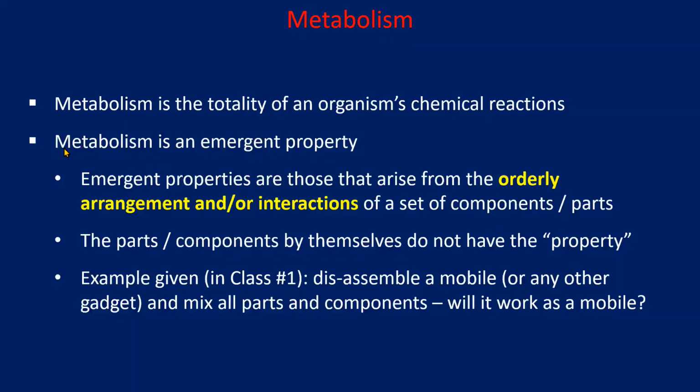So as such, what we can say is metabolism is an emergent property that arises from the orderly arrangement or interaction of a set of components or parts. And these parts or components by themselves do not have the property. If you remember, in the last lecture we talked about the self-assembly of the cells also.